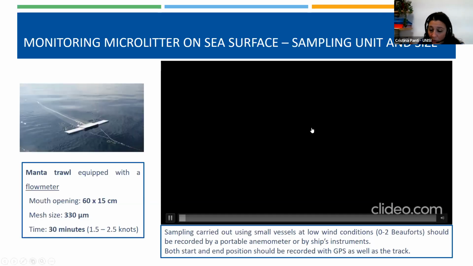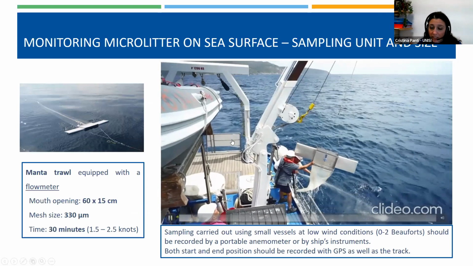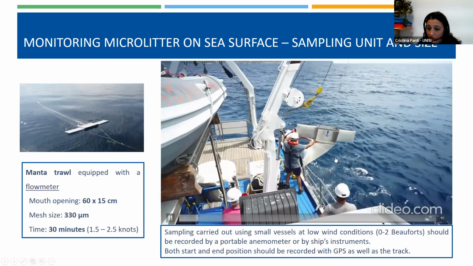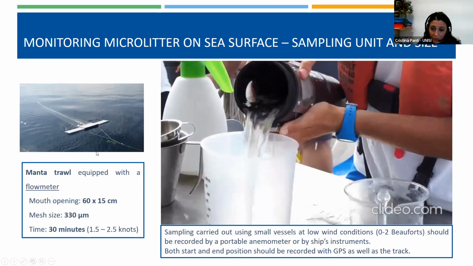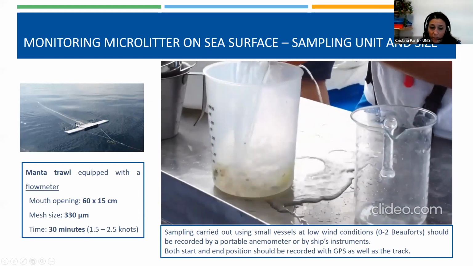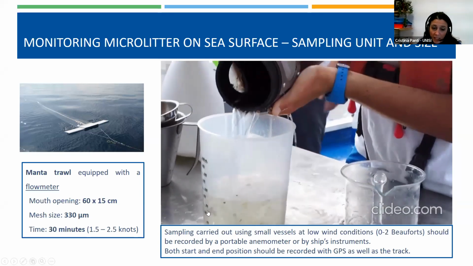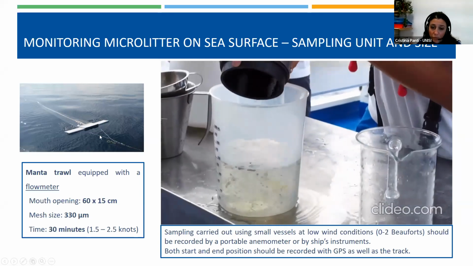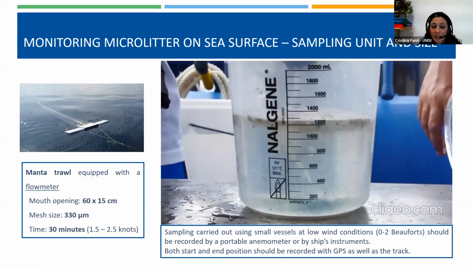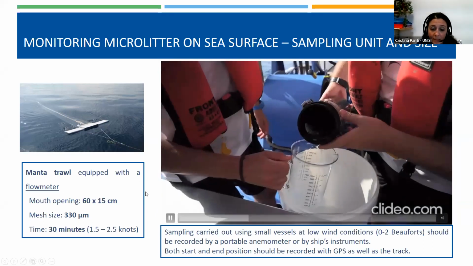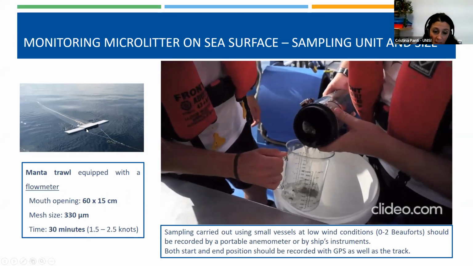So I will show you a video on the manta trawl survey that we perform. So the manta net, as you can see in the video and the picture, is a net with these two wings that let the net float and sample only the surface layer of the water.